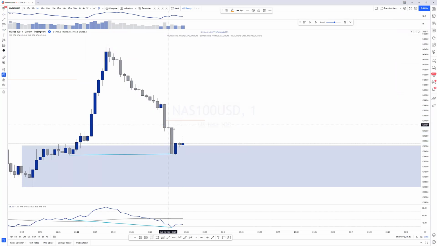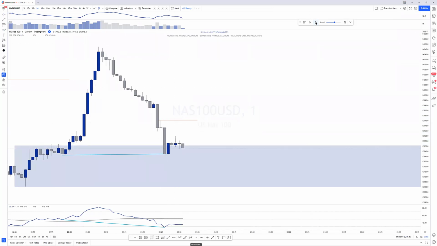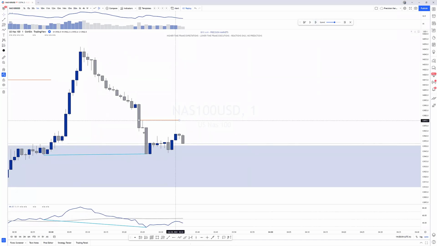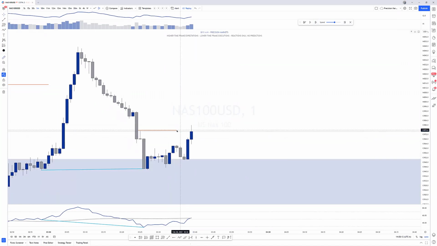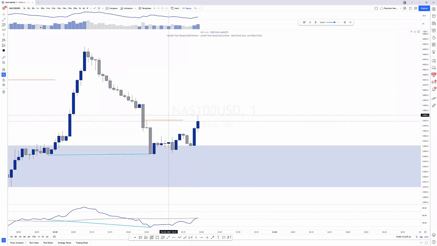So let's see what happens. And I'm also watching to see if it comes past this low too. All right, so we got a break right here. So this would be an example of my 1-minute CHoCH that I'm looking for.